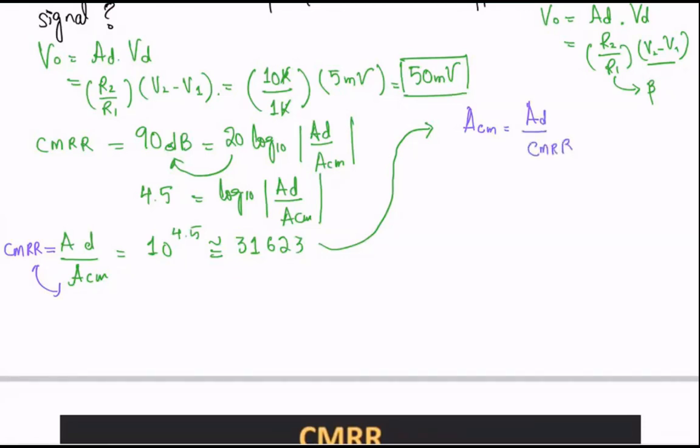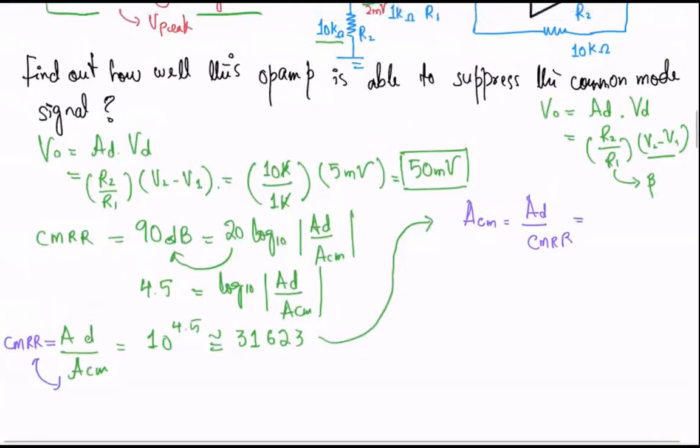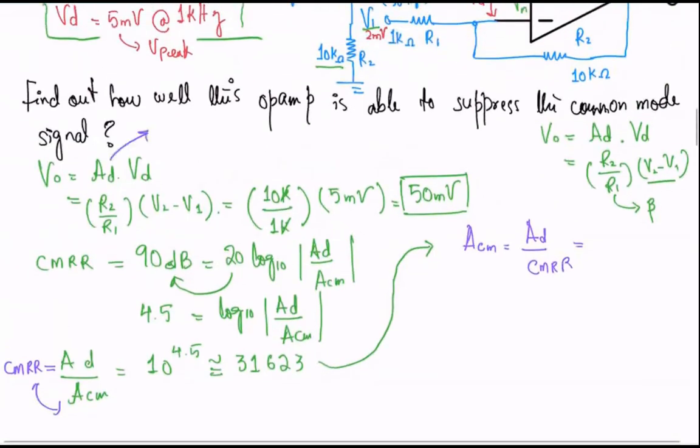Correct? So AD is how much? AD was R2 over R1. R2 is 10K, R1 is 1K, so the K's will cancel out and you get 10 here. So AD is 10.